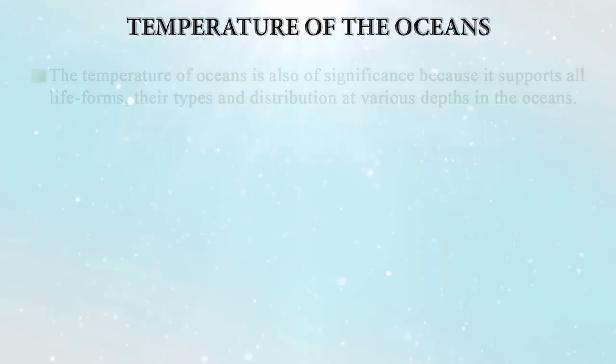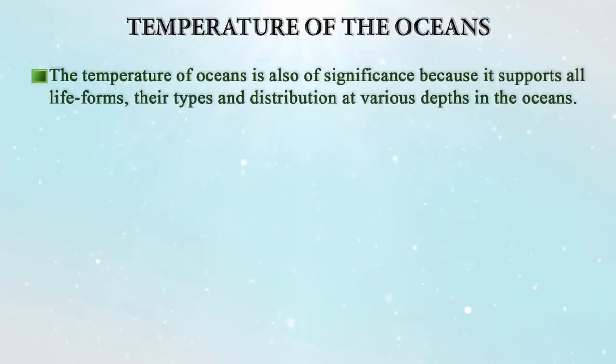Now, when we study about the temperature of the oceans, you may recall that heat is a form of energy and temperature is the measure of its intensity, or the measure of the degree of hotness of an object.